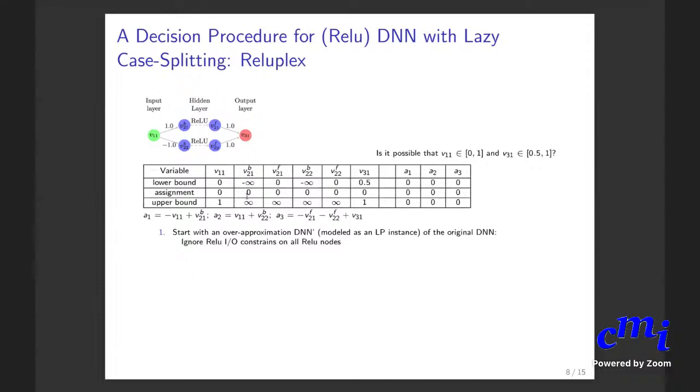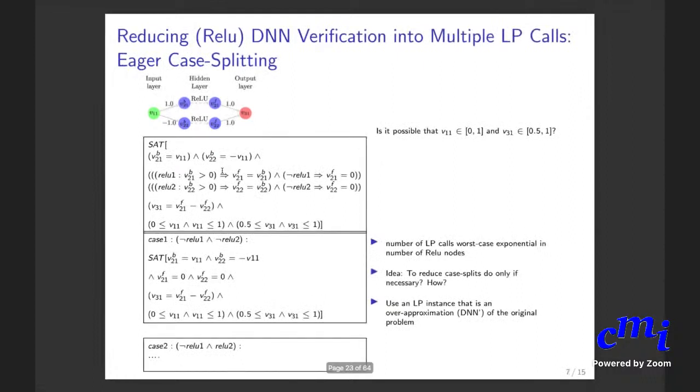Okay, so what I'm doing here is introducing one additional variable. These are slack variables A1, A2, and A3. It's pretty much as though I'm throwing away all these conditions.